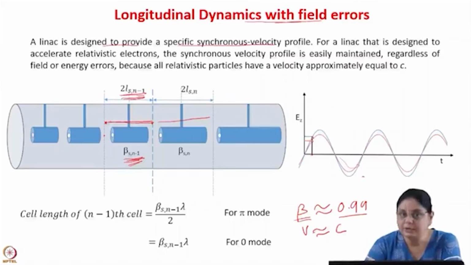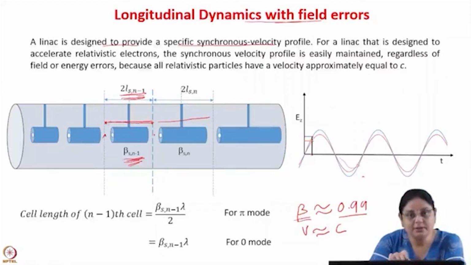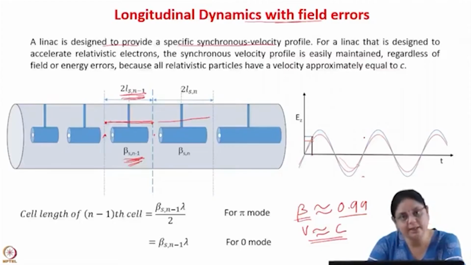But being an electron, it's already relativistic. It will still move from this gap to this gap in the same time because the velocity is constant. Velocity is almost equal to c. So it will come to the next gap at the right time, and again it will see the same synchronous phase. What is different is that because it has seen a lower value of electric field, the energy gain will be lower.